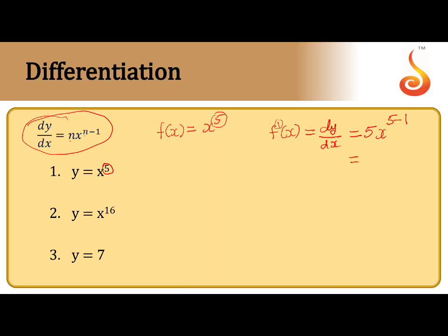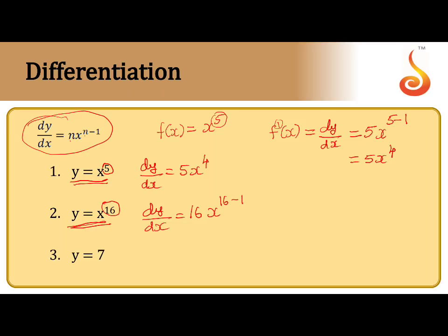So the answer will be 5 into x power 4. If y equal to so much, on differentiating this with respect to x, the answer will be 5 into x power 4. If y equal to so much, dy by dx will be equal to, n value is 16, 16 into x power 16 minus 1, that is 16 x power 15.